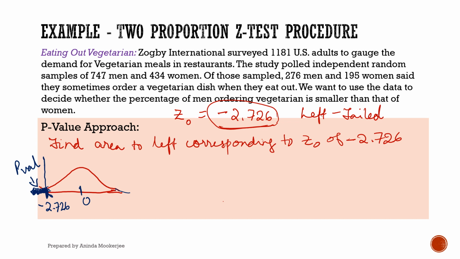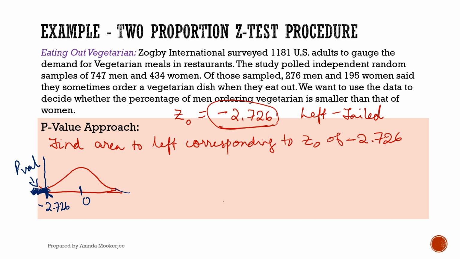If it falls to the left of 0, find the area to the left. If the test statistic falls to the right of 0, find the area to the right, but double it. Multiply that area by 2 for a two tail test, not for a one tail test, right?